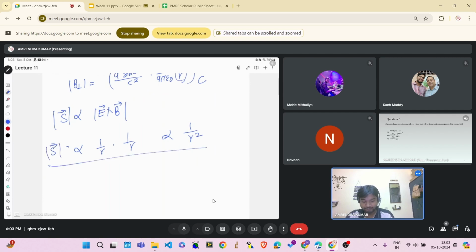So the Poynting vector is dependent on R by 1 over R square relationship.